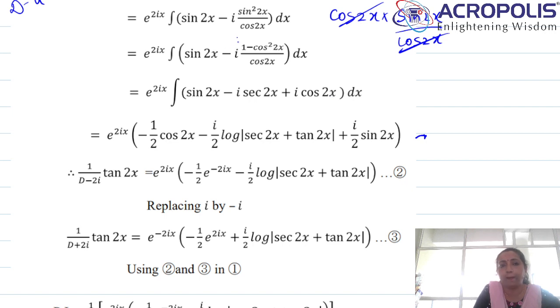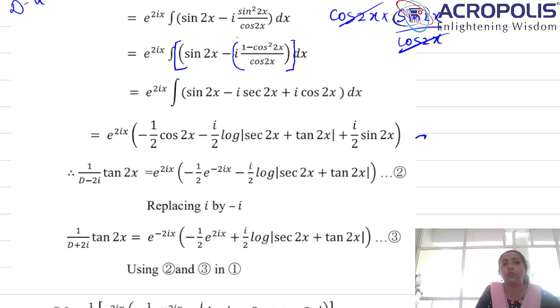If we multiply the minus into this bracket, we will get minus 1 by cos 2x, that is minus sec 2x, and minus minus plus, so it will become cos 2x dx.